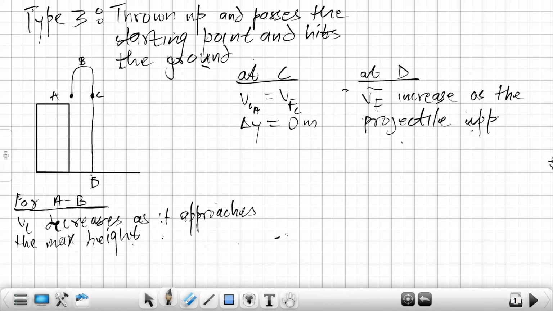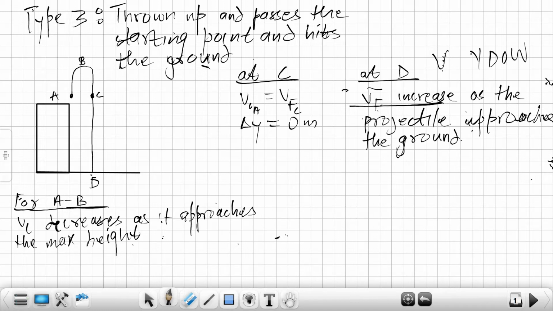This says our principle of the window still applies, where velocity increases as our object is moving down.